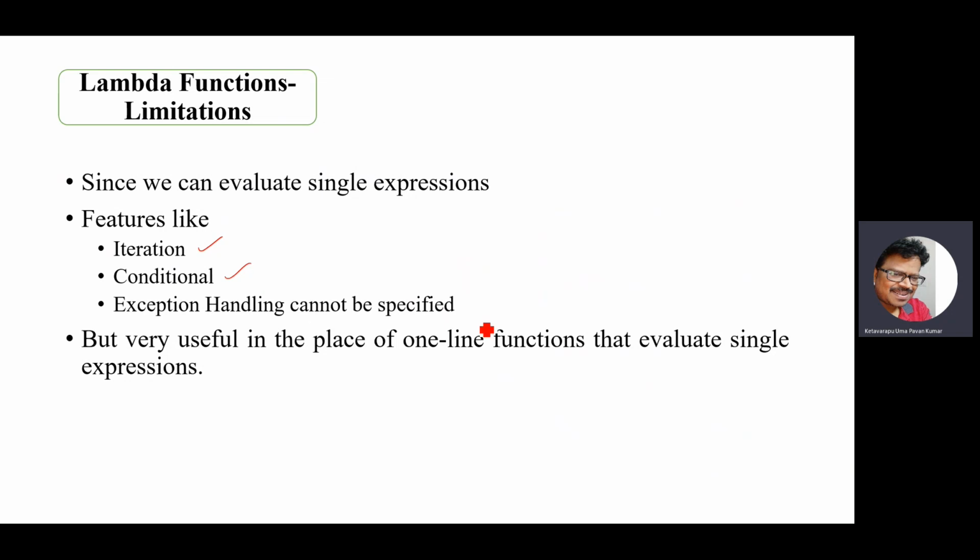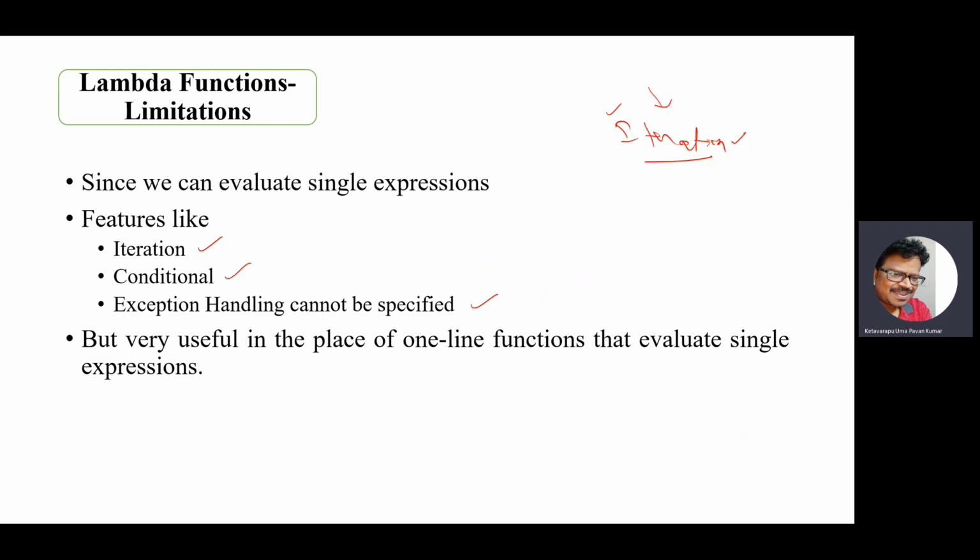Iteration, conditional, and as well as exception handling cannot be specified. Because iteration means, guys, if I want to perform a for loop or any such kind of while loop, okay, the lambda functions are not supported with these things, and conditional statements, and then exception handling.